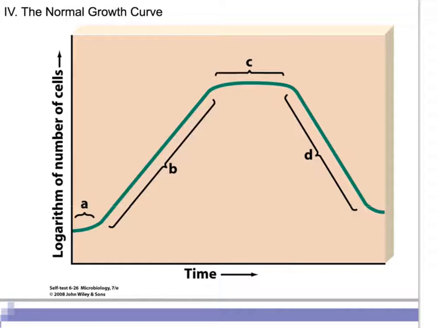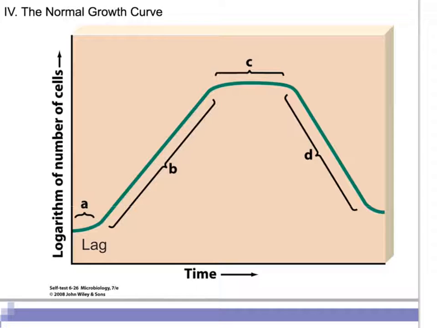If we start at A, the first thing we have is lag phase. Lag phase is where the bacteria are just put into the media or onto the plate, and they're getting used to it.